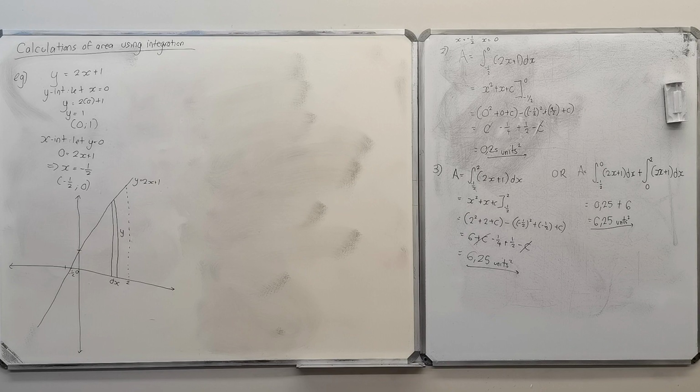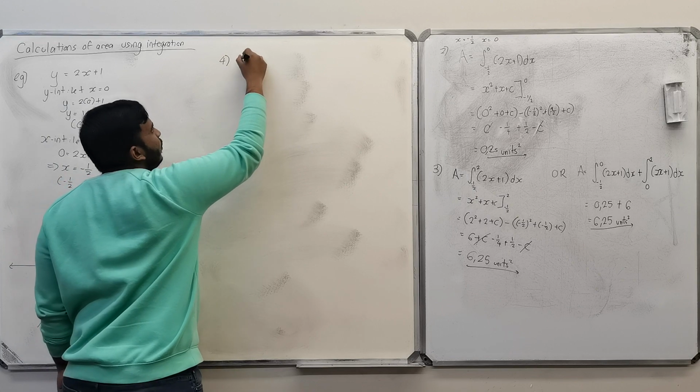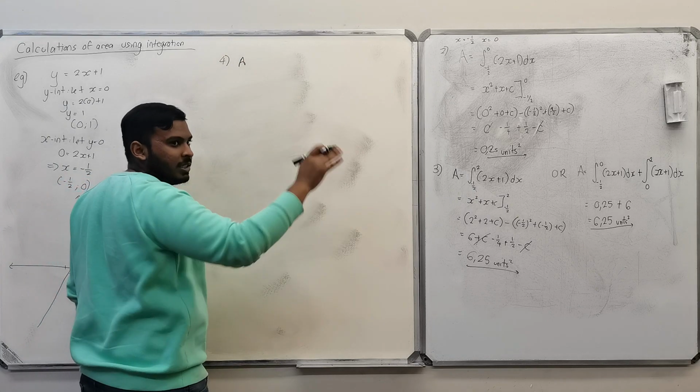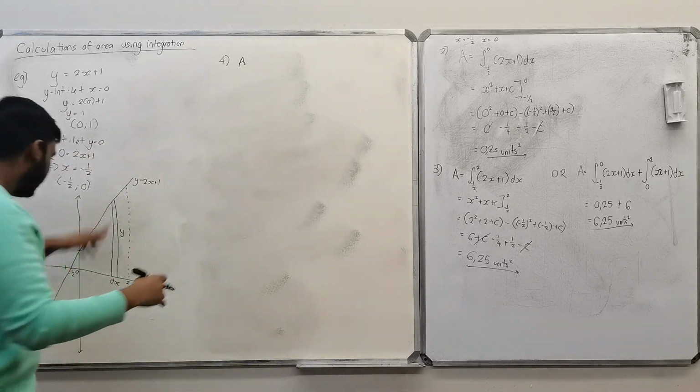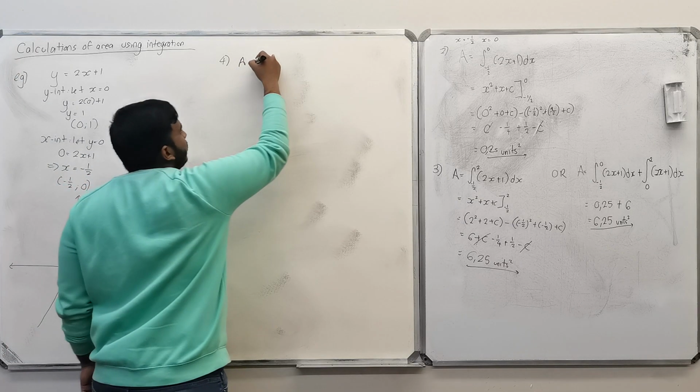Number four, they ask you to do it from minus 2 to minus half. So we've established the area formula for this graph is integrating from your lower to your upper limit 2x plus 1 dx, right?